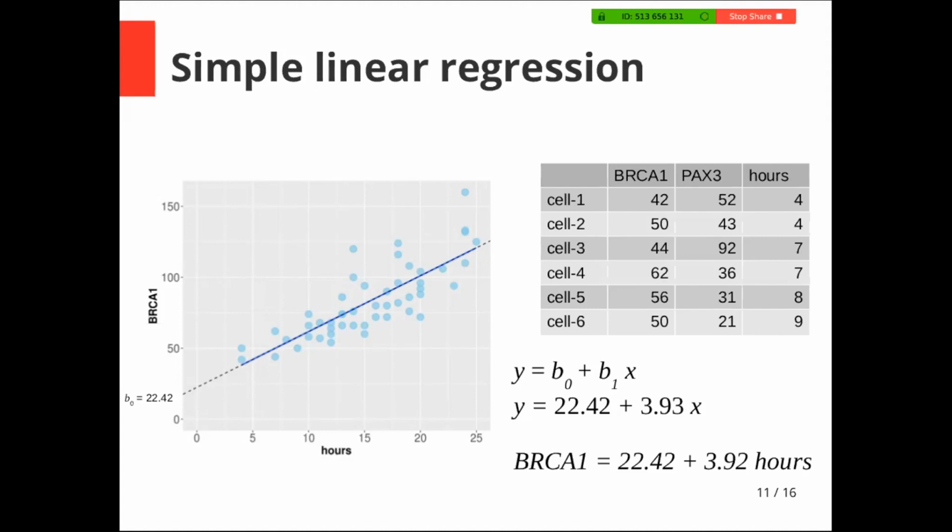For example, this coefficient of x: every 1 unit increase in hours, there will be a 3.93 increase in the expression. So that is what it tells. So we can also simplify that. So the expression of BRCA1 is 22.42, which is the intercept given by the model.